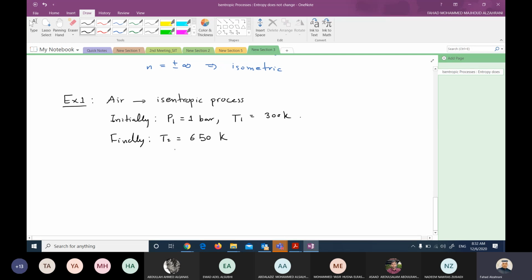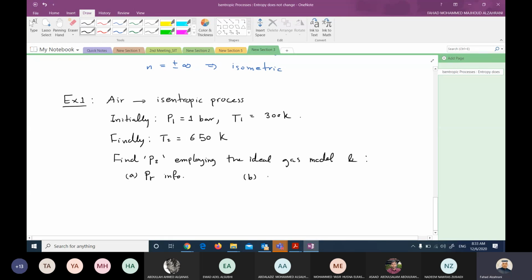So the question is, find P2, the final pressure, employing the ideal gas model. We have two approaches. The first approach is to find it using PR information.